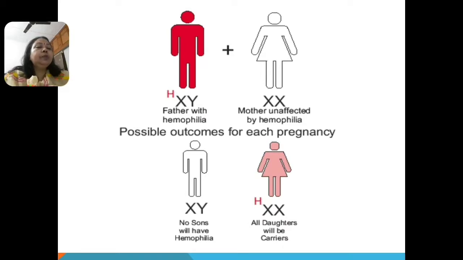No son will be hemophilic because the recessive gene is present on the X chromosome of the father. But if the child is female, then all daughters will be carriers.